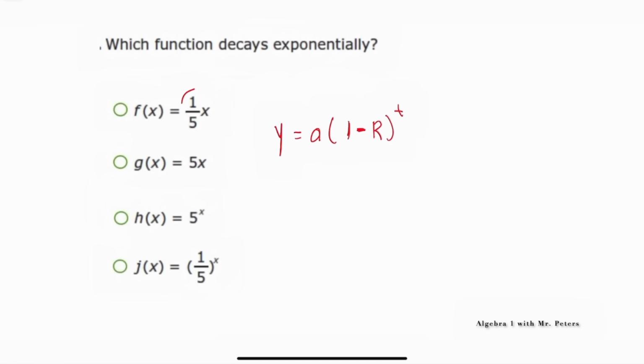Answer choice A, this is linear. Answer choice B, linear. Answer choice C, this would be exponential growth because it is greater than 1. But when we look at answer choice D, this will be exponentially decaying because that factor is less than 1. It's the best way to approach these type of problems.